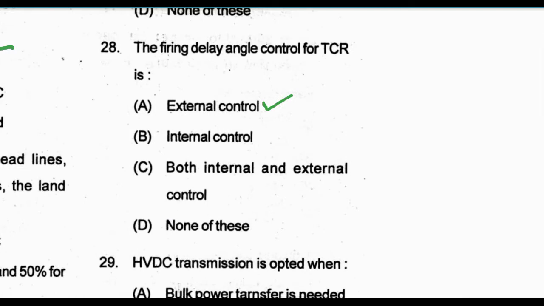Question number 28. The firing delay angle control for TCR is external control, internal control, both internal and external control, none of these. This is external control, externally controlled. Controlled thyristors are given. Thyristors are controlled externally.